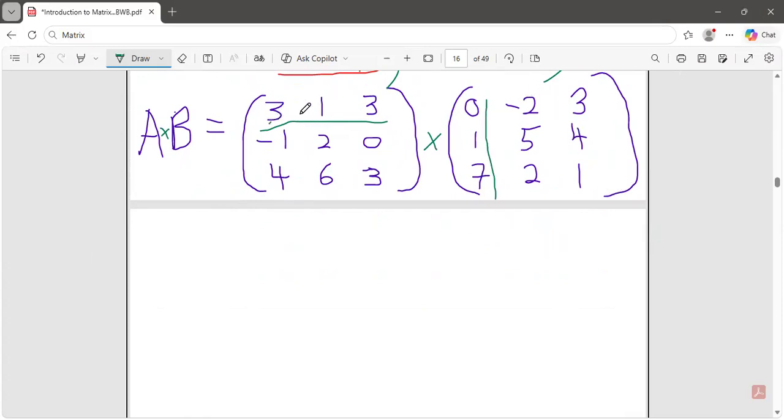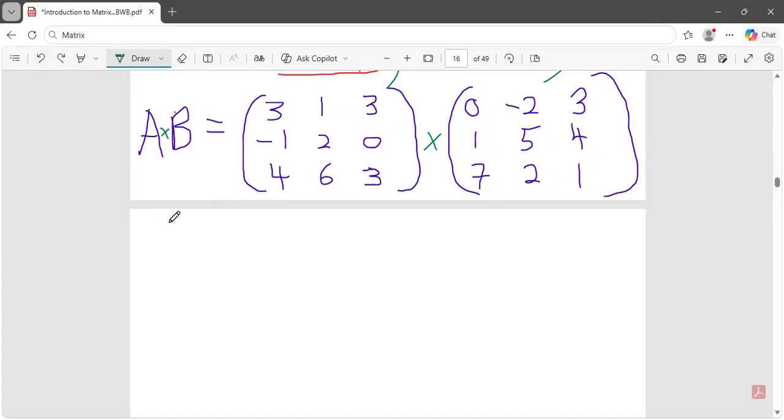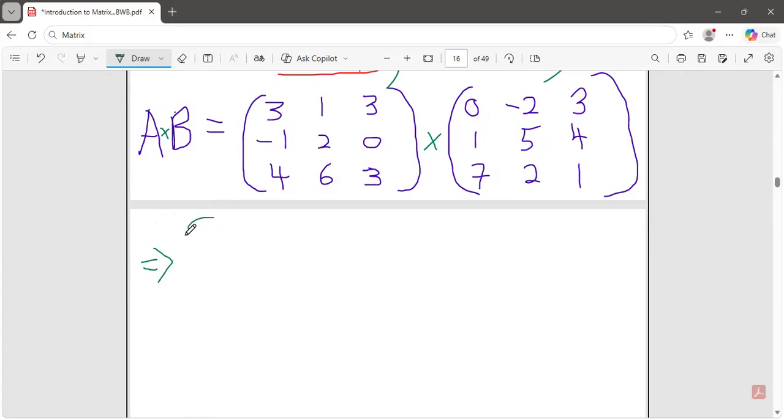This same person is going to multiply the whole of this, and this same person is going to multiply the whole of this, and also vice versa. Let's proceed and see how this affects whatever we are doing.